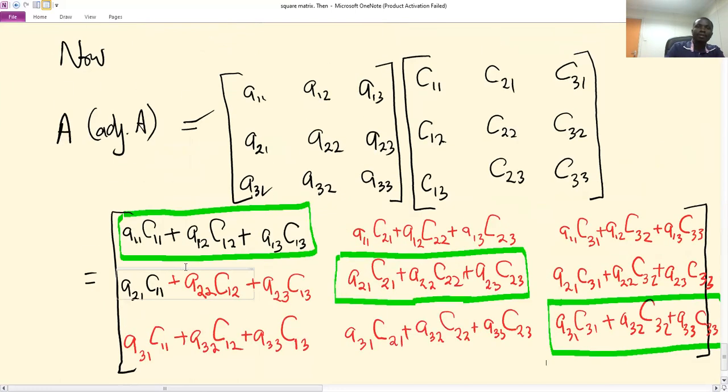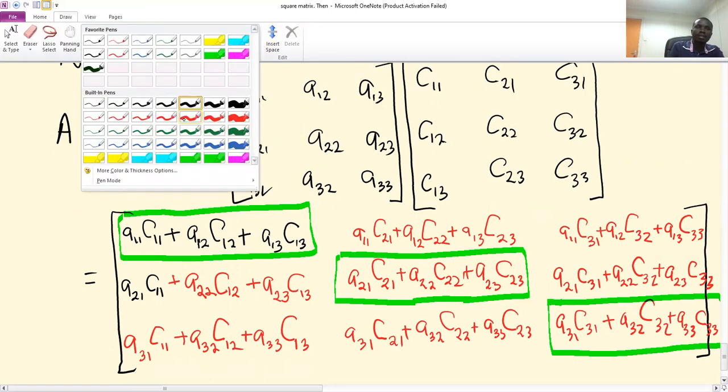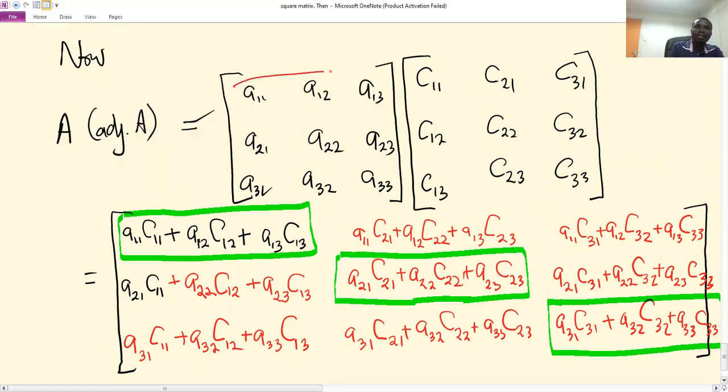So A11, A12, A13 is the first row of this matrix.